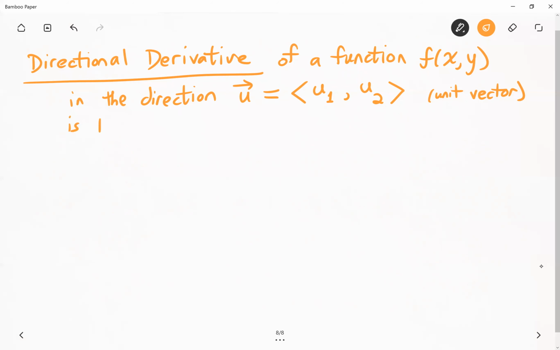So this is the rate of change of f along this direction. Now, how do we calculate the rate of change?